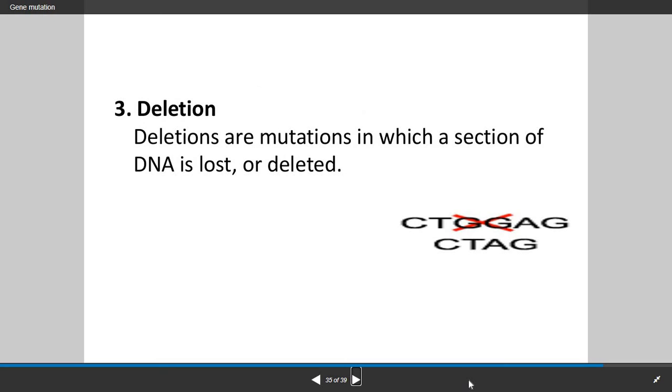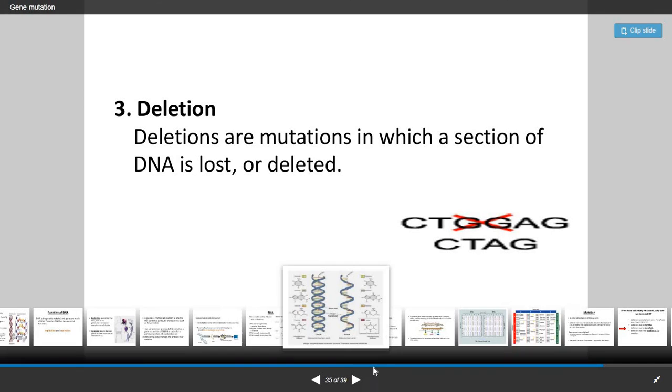The third type of gene mutation is deletion. These are mutations in which a section of DNA is lost or deleted. Here you can see the sequence CTGGAG, and the final sequence CTAG. Here the GG sequence has been deleted, so that's why it is known as a deletion type of gene mutation.